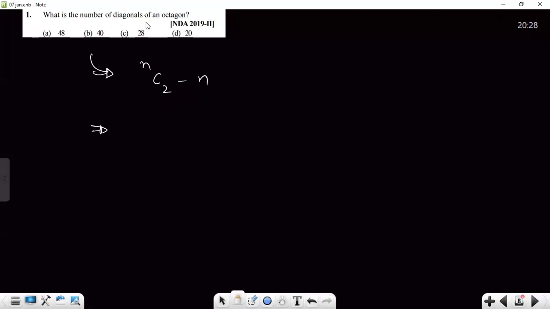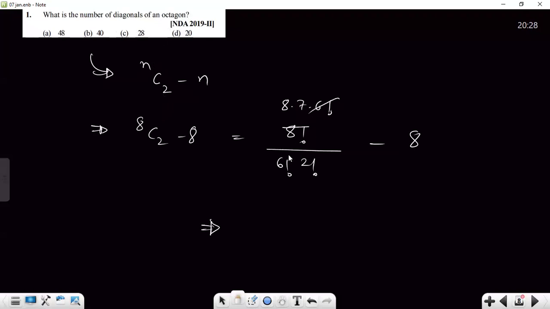So the number of sides of an octagon is n = 8. 8C2 minus 8. 8 factorial over (8 minus 2), that is 6 factorial multiplied by 2 factorial, minus 8. Now this will expand as 8 into 7 into 6 factorial. 6 factorial cancels 6 factorial. 2 factorial is 2. So 2 4s are 8, 4 7s are 28, minus 8. That should be 20. D is your correct answer.